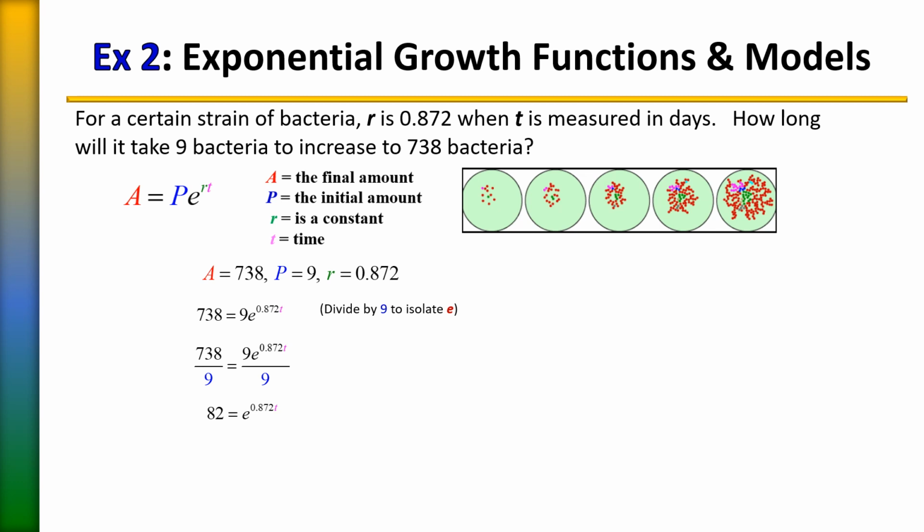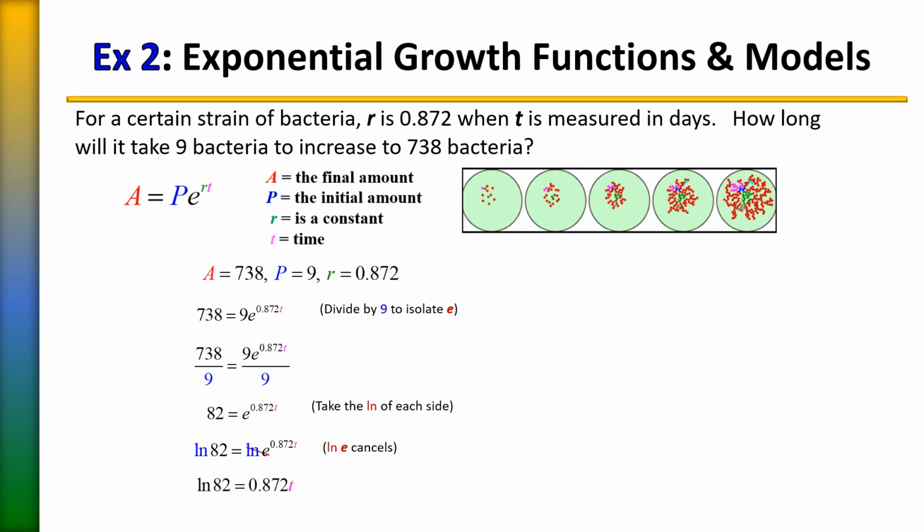So what we're going to have to do is take the natural log of each side, ln of each side. And now anytime that ln and e are together like that, they cancel each other out. And so what you're going to be left with on the right side is simply 0.872t.